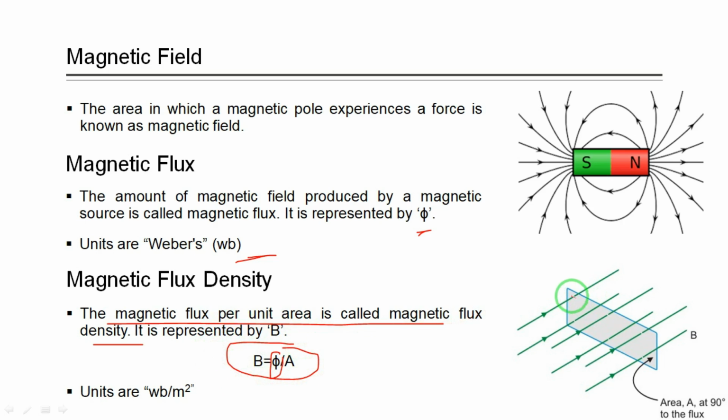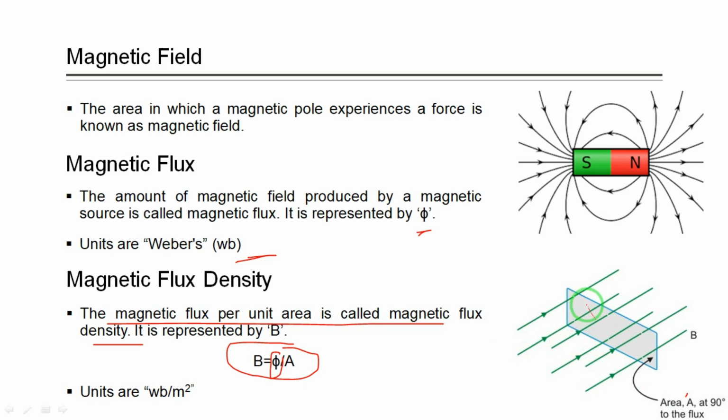So here see the diagram at the bottom right. There is a rectangular diagram. This rectangular piece is called the area, indicated by A. This is placed at 90 degrees to the magnetic flux. So magnetic flux lines are passing like this. Observe these blue arrows.